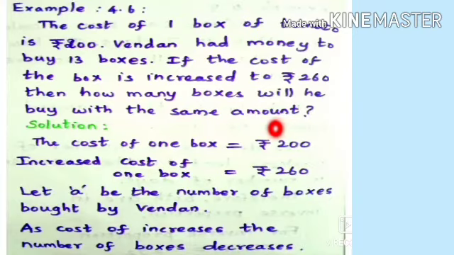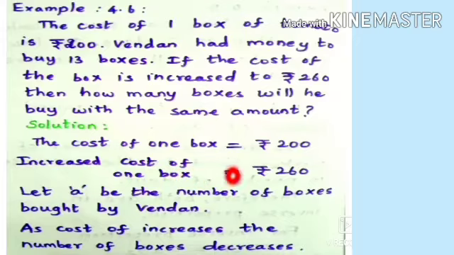which is our question. So this is again an inverse proportion problem. What is an inverse proportion? Inverse proportion occurs when one value increases and the other value decreases. Here the cost of box increases, the number of boxes decreases. So it falls under the inverse proportion condition problem. So write down the cost of one box is rupees 200.